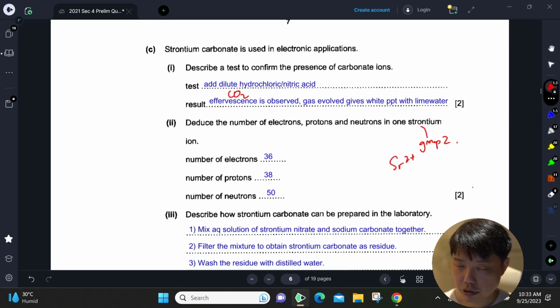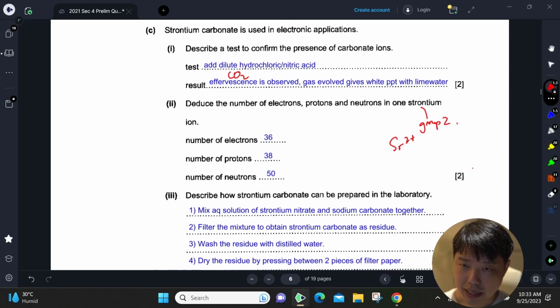So you just need to check your periodic table to see the number of protons. You take 2 away from that, that will be your number of electrons. Then of course you use your nucleon number minus the number of protons, presumably 88 minus 38, which will give you 50 neutrons.